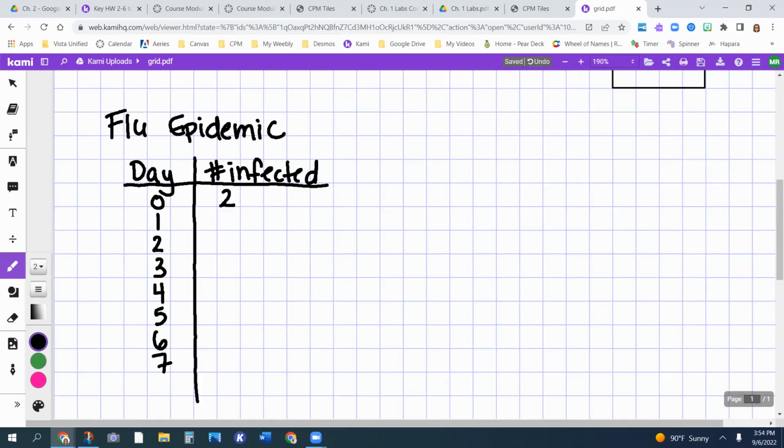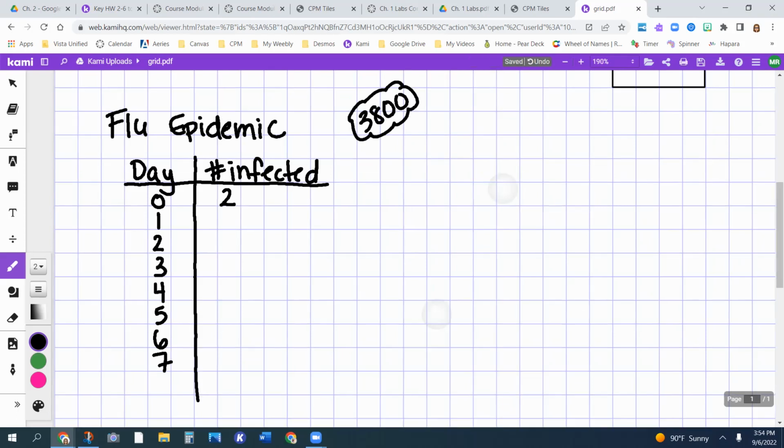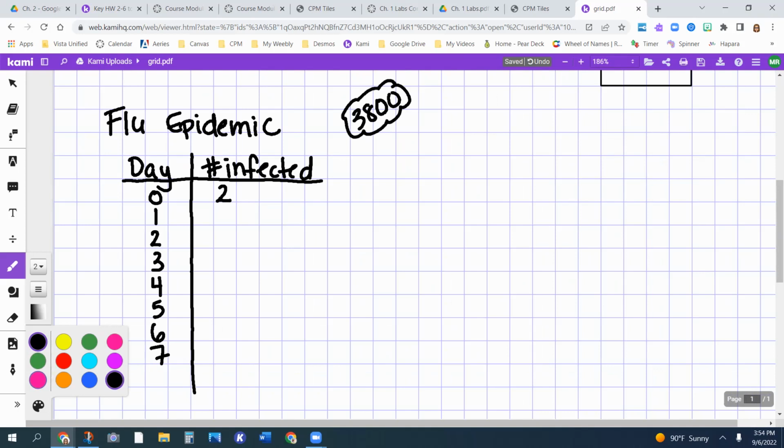Remember, there are 3,800 citizens in Parnopsville. So for this one, what we can do, if I start with 2 people, that's Velma and Stanley, that's day 0.